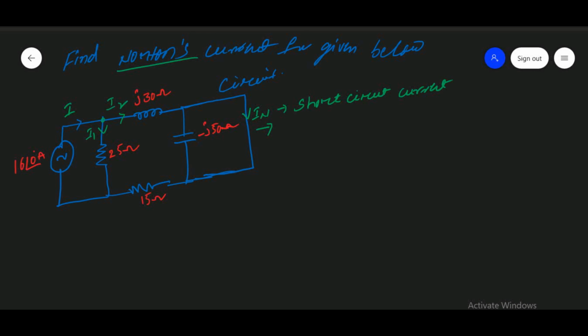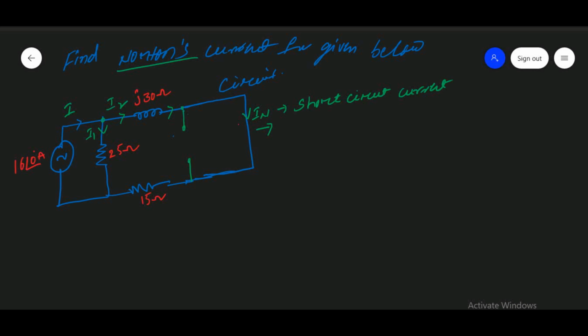I1 flows through this section and I2 flows through this section. This capacitor is connected to the same potential, so a zero amount of current flows. So you can eliminate this branch.